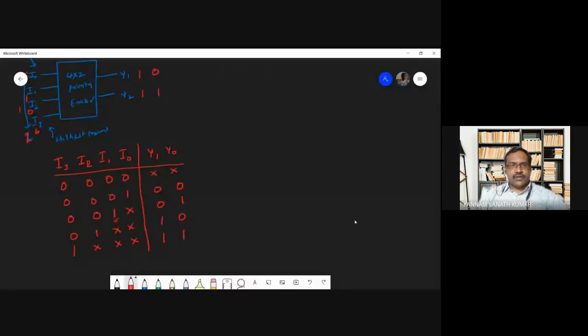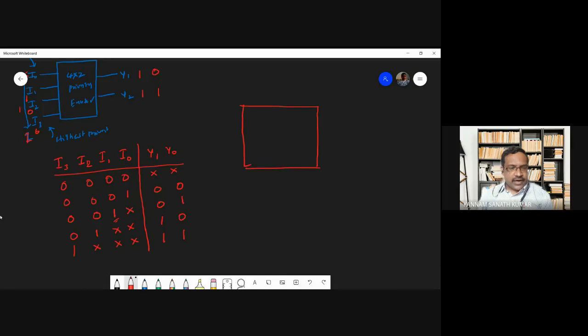Next, you need to draw the K map for this priority encoder. You have two outputs, Y1 and Y0, so you need to draw separately.